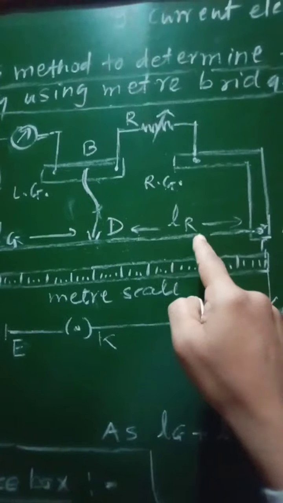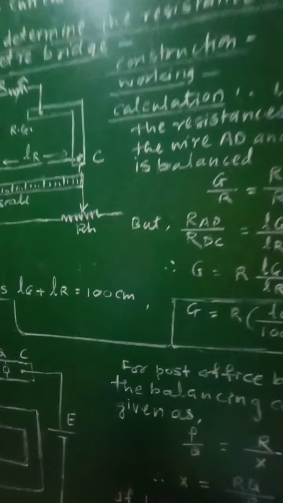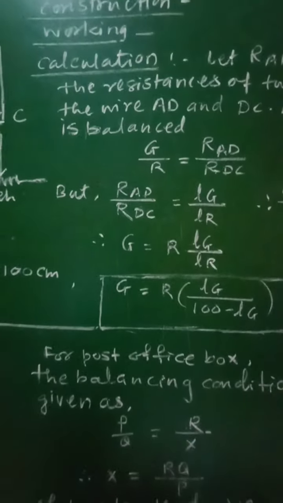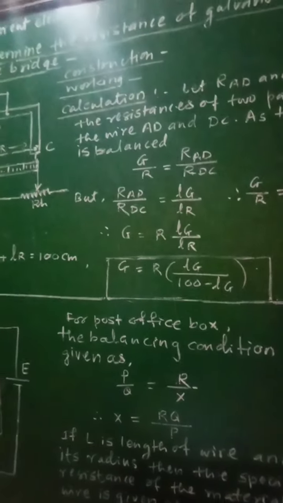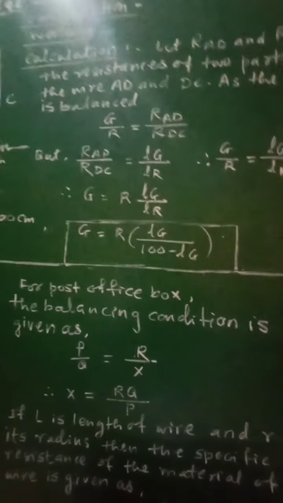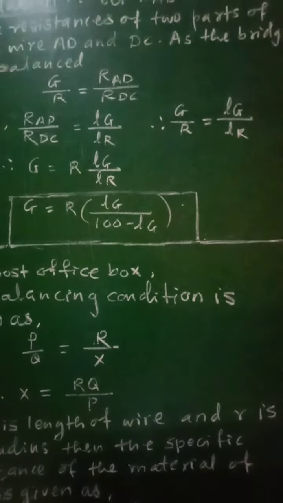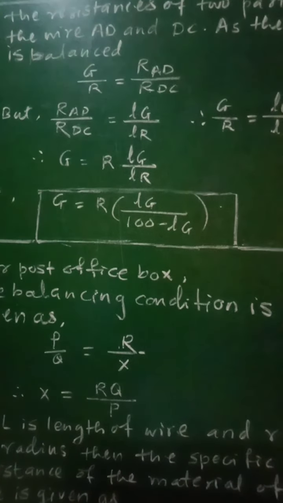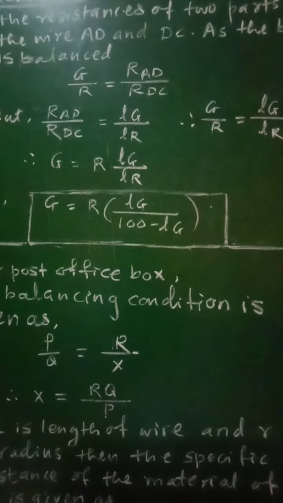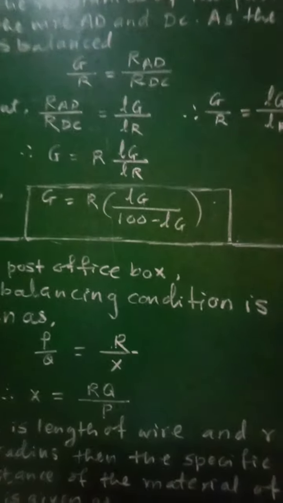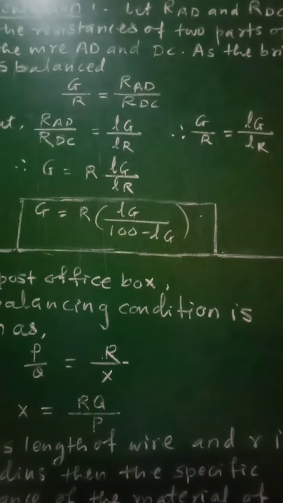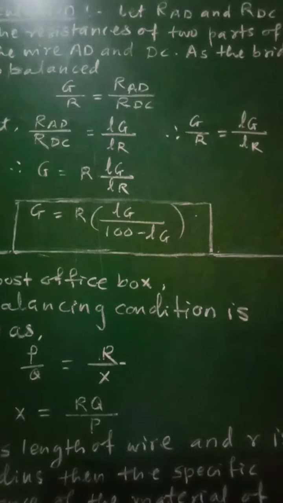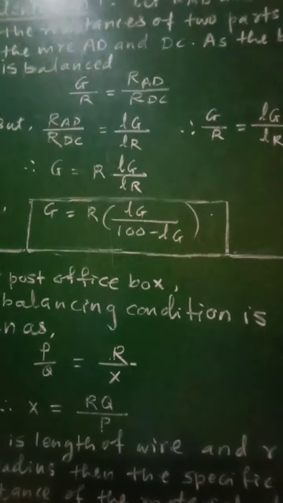But the total length LG plus LR is equal to 100 centimeter, therefore LR will be equal to 100 minus LG, and therefore G equal to R into LG upon (100 minus LG). By using this relation, we can calculate the resistance of the given galvanometer, that is G.